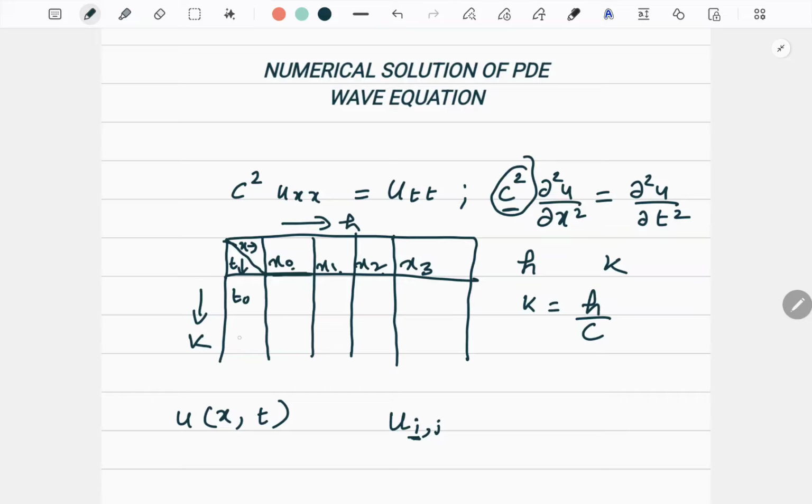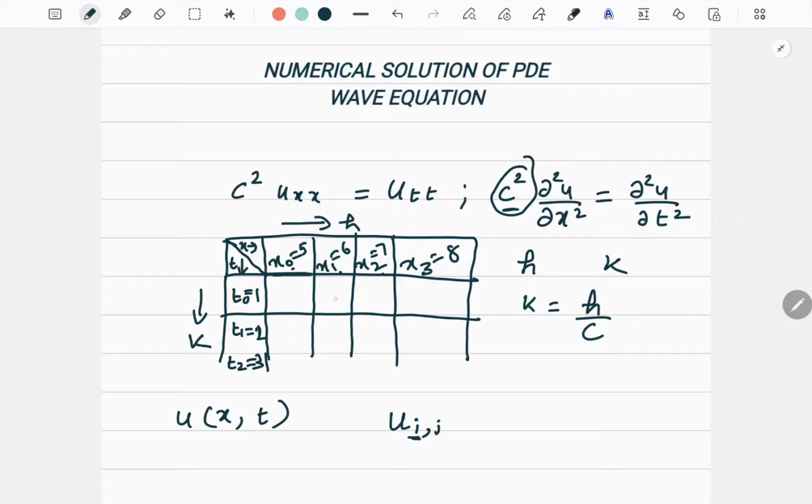Same way here t0, t1, t2, so j is 0, 1, 2. Now suppose your x0 value is 5, x1 value is 6, x2 value is 7, x3 value is 8. And here also let me take 1, 2 and 3. Intentionally I am taking different values so that you will be very clear.